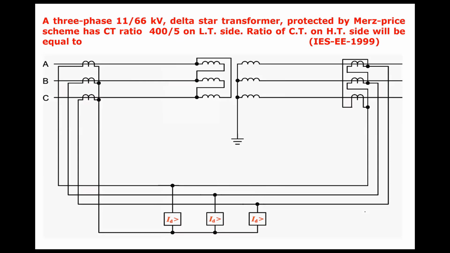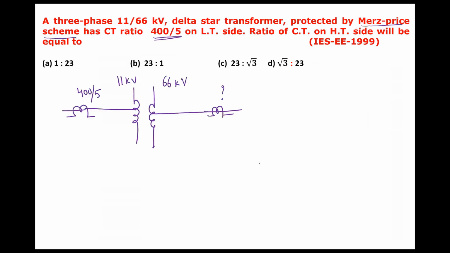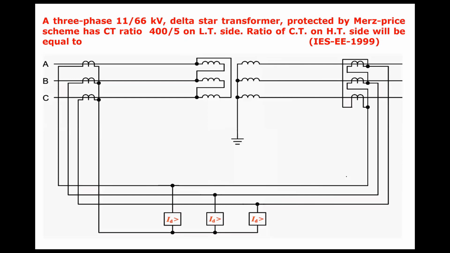Now, because the primary is delta connected and the secondary is star connected, we can use the same image to evaluate this problem. Here, what is the CT ratio that he has connected? 400/5 on the LT side, because this is the 11 kV side, this is the 66 kV side.